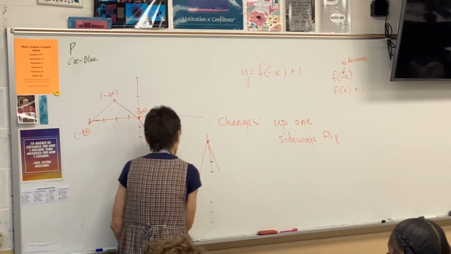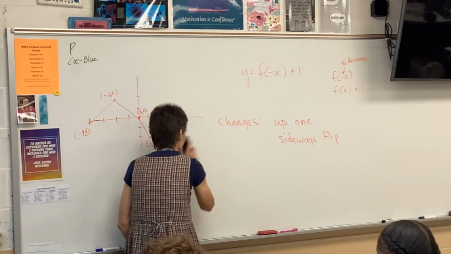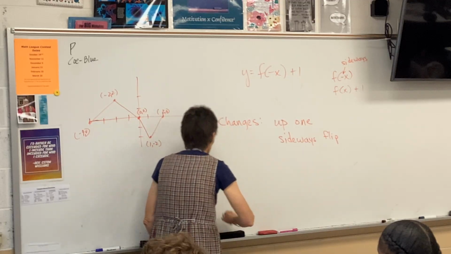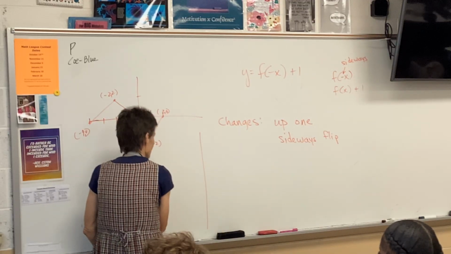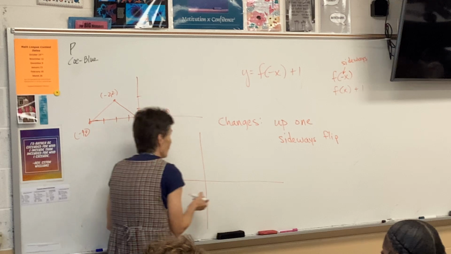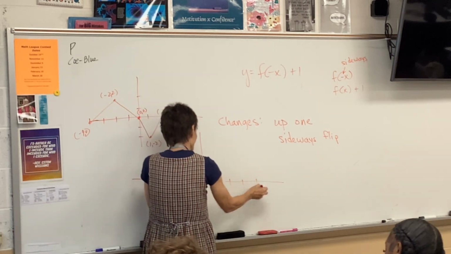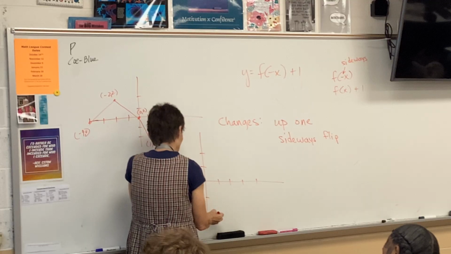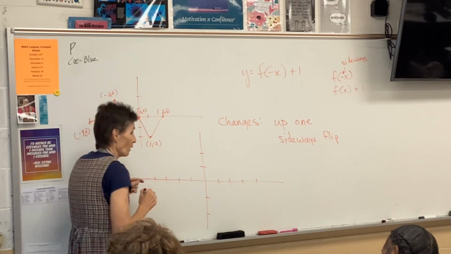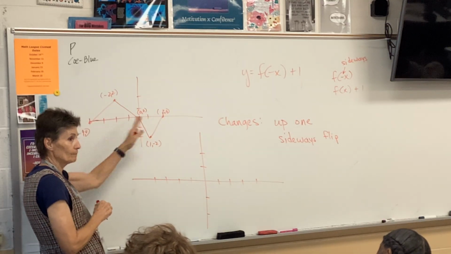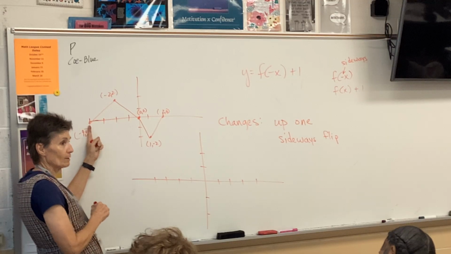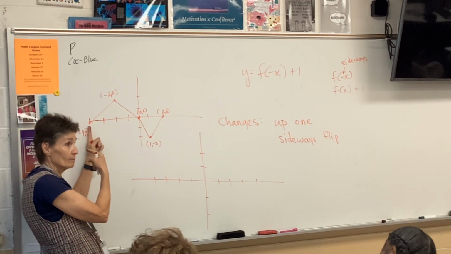All right, let's go back to the original picture. And I'm going to do this in 2 steps. You don't have to, you can do it in 1 if you want. I'm going to do a sideways flip first. So what that means is, here's my original. This point right here is left 4.